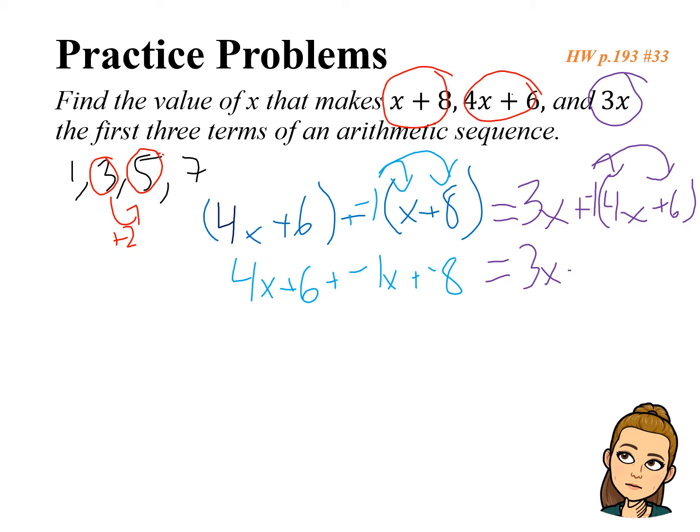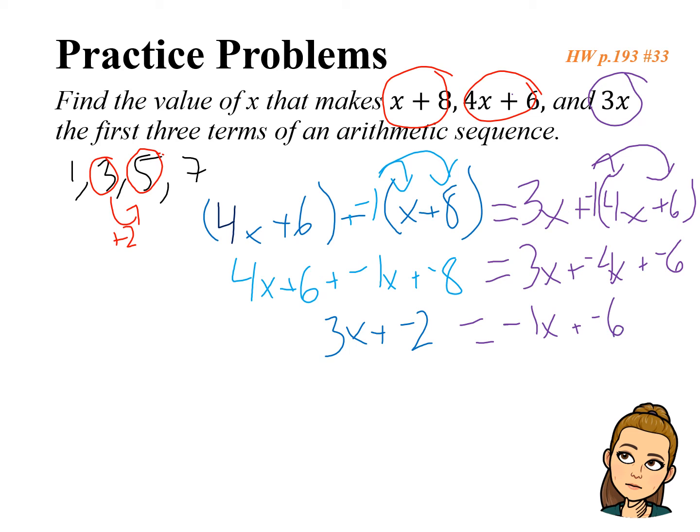And I get 3x plus a negative 4x plus a negative 6. Combining like terms on each side, on the left-hand side, I get a 4x and a minus 1x, and a 6 plus a negative 8. On the right, 3x plus a negative 4x plus a negative 6.